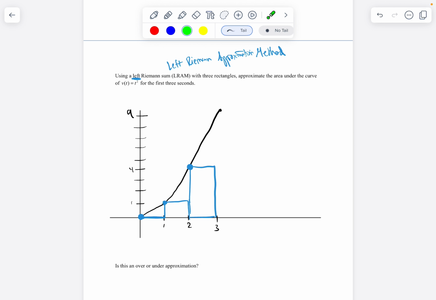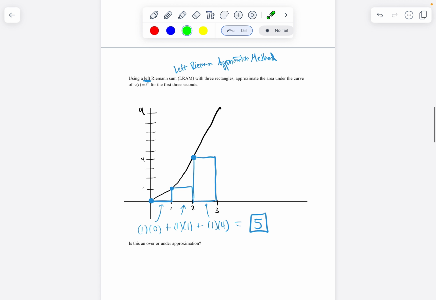And these are my 3 rectangles. Again, it's the big one here, this medium one, and then this one that is completely flat because it goes to 0, 0. So looking at the area of each of these, this is 1 wide, 0 high, plus 1 wide, 1 high, plus 1 wide, 4 high. And that tells me that my approximation now is 5.